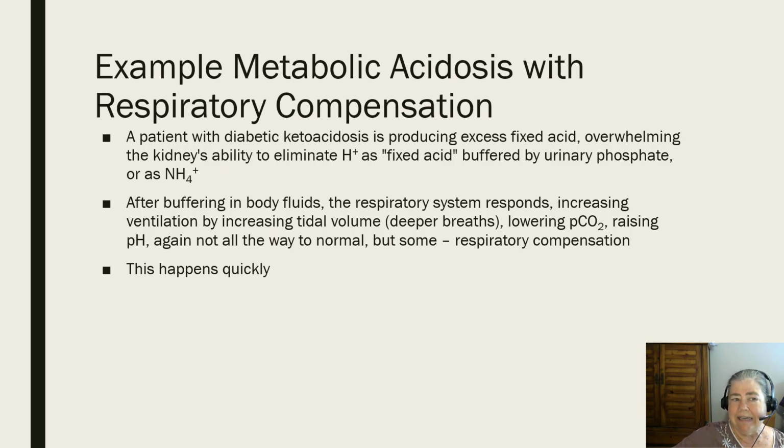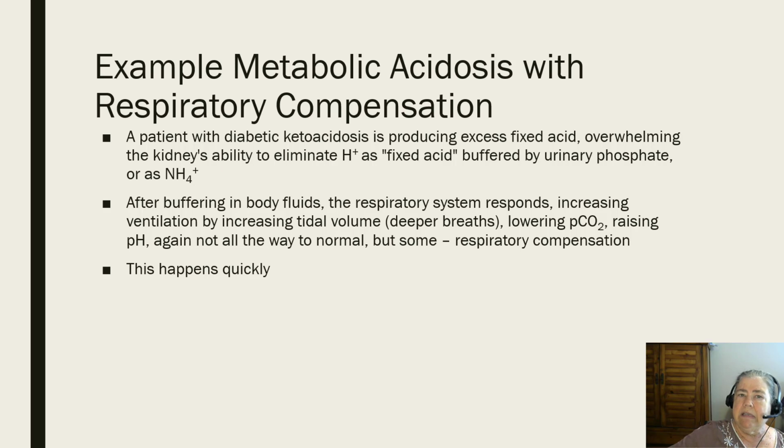But once that's exceeded, the respiratory system kicks in and changes ventilatory patterns. So increased tidal volume, deeper breaths, and that lowers the partial pressure of carbon dioxide, and that raises pH a little bit, not all the way to normal, but some, and that's respiratory compensation, and it happens relatively quickly.